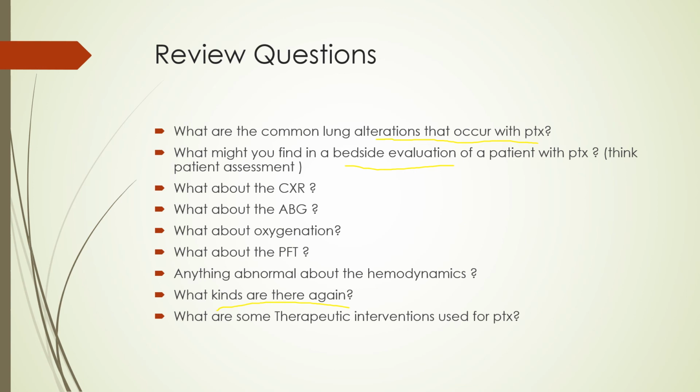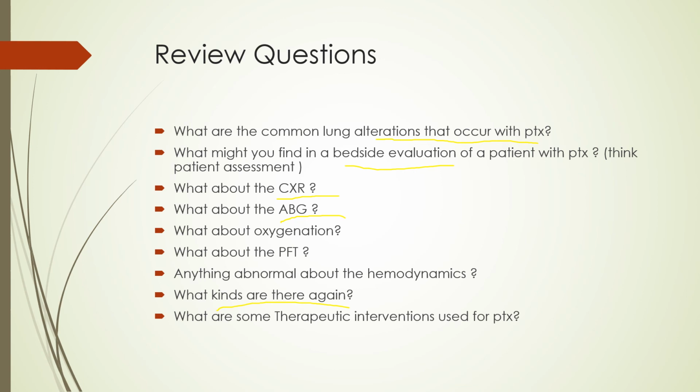What about their x-ray? What are some common alterations you might see on their x-ray? Radiolucent, radiopaque, both? Mediastinal shift? No mediastinal shift? Atelectasis? No atelectasis? What would ABG look like on these patients if it was a very mild or small pneumothorax?